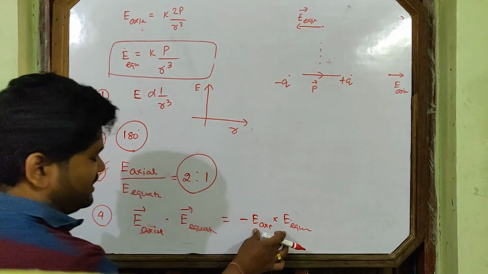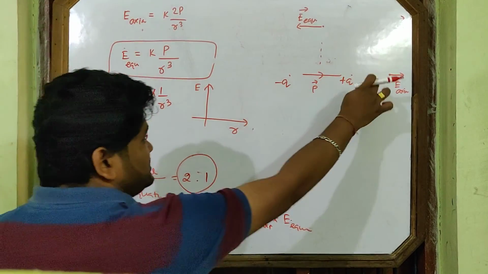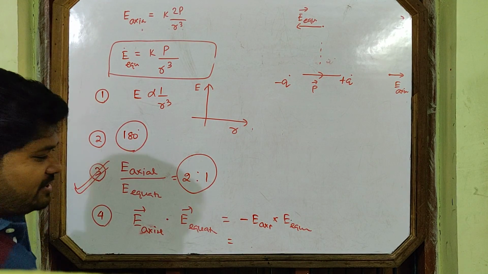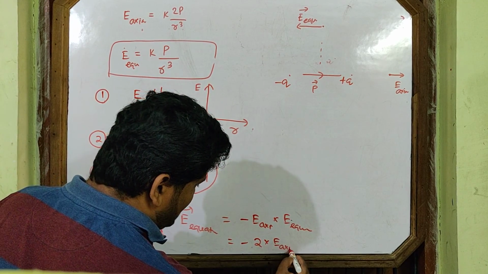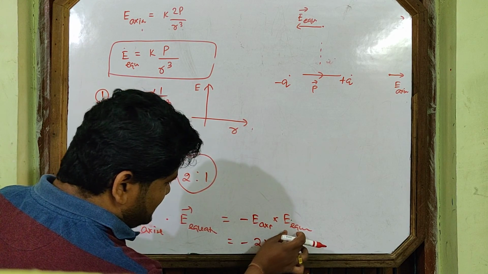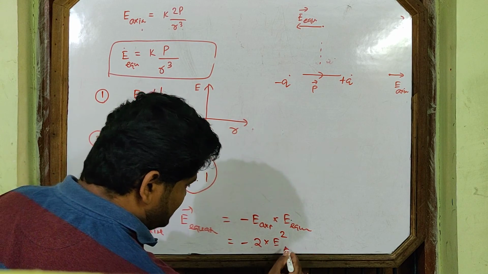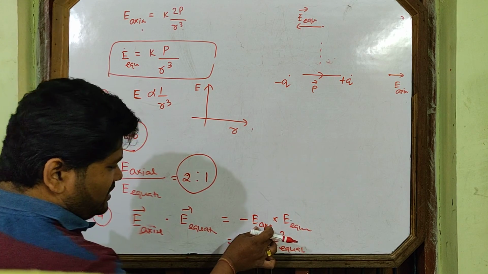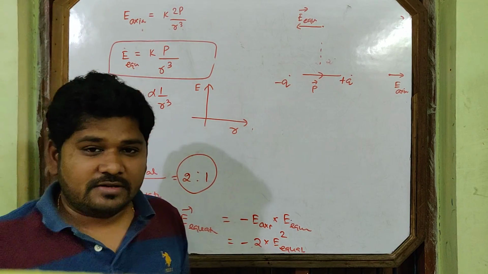If the question gives the same distance from the dipole on this side as well as on this side, you can write E axial is 2 times E equatorial. So you can write minus 2 E equatorial square, because E axial is twice E equatorial.